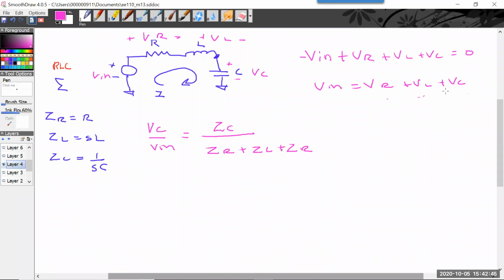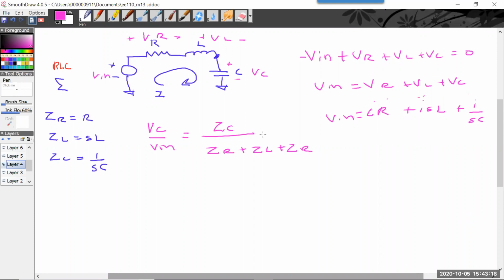Or, as I'm using mesh analysis, I have I times R plus I S L plus I over S C. I solve for I, then multiply by Z_C to get my V out or my V_C, and go from there.